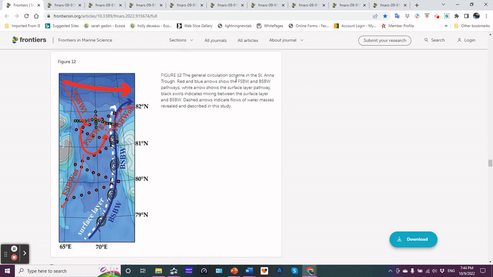And then they show you the general circulation scheme, which is pretty much what we showed earlier. But, okay, this is the main flow of what comes into Fram Strait. Some of it branches off.